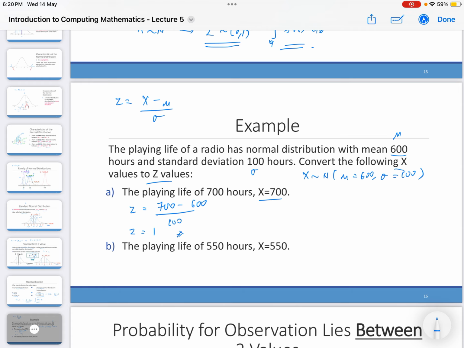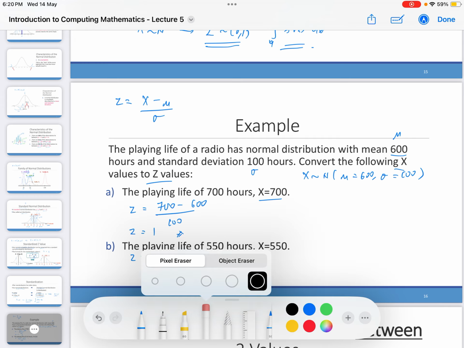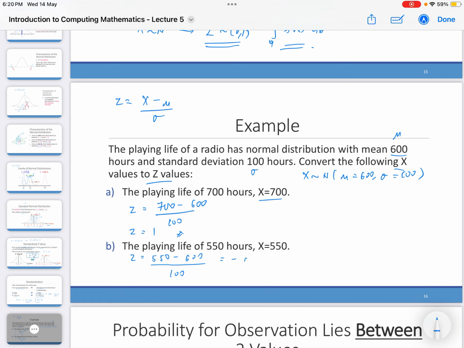And then B, the playing life of 550 hours, so x equals 550. So z equals 550 minus 600 divided by 100, so z equals negative 0.5.